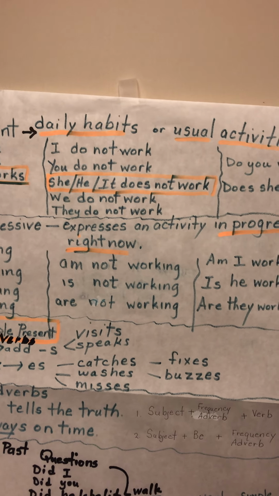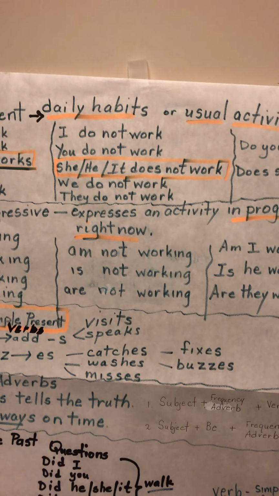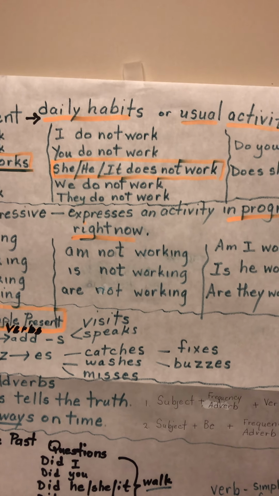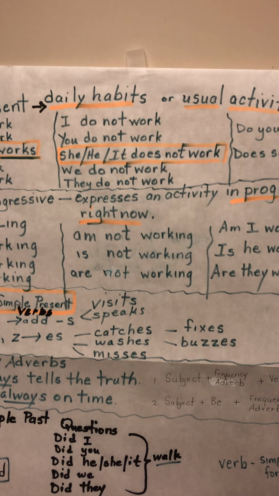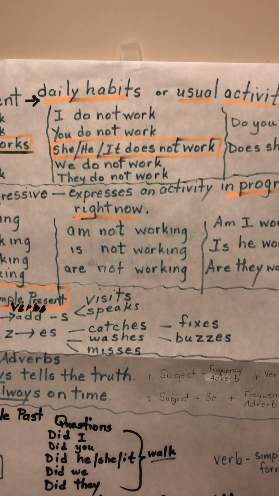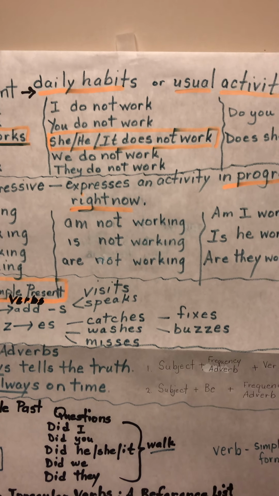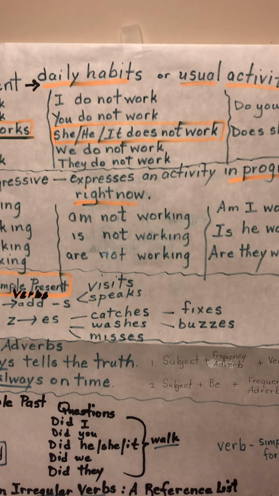When we use negative, we use do or does. Look again at third person. In third person, we use does. She does not work, he does not work, it does not work.